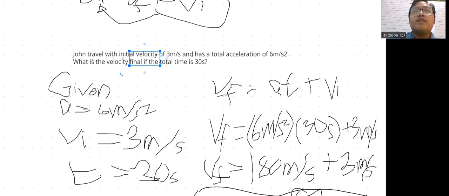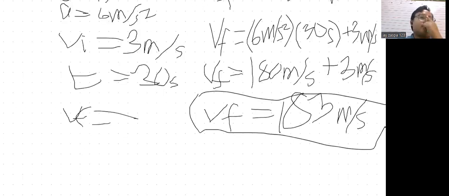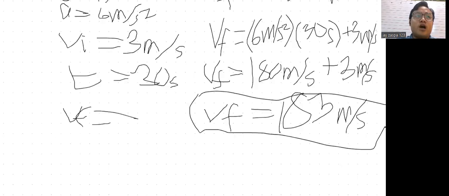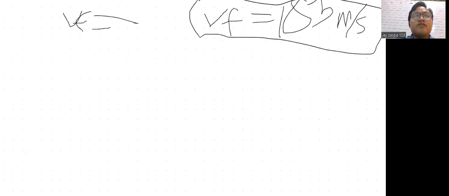What if the missing one will be the time? How will we be able to derive the formula? So let's first get the problem, so that we'll know what is missing.